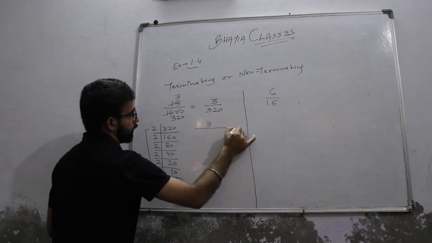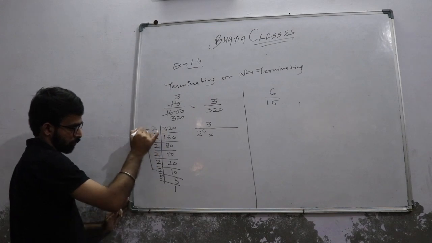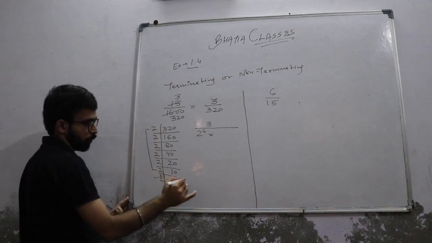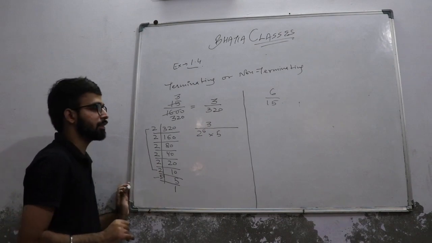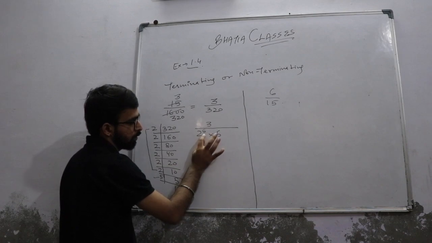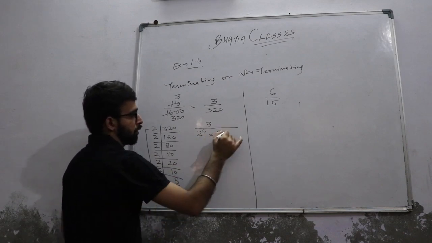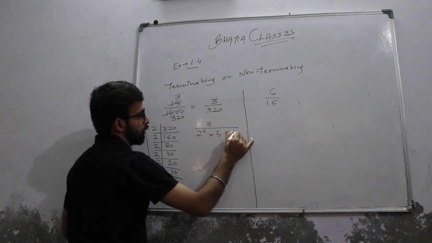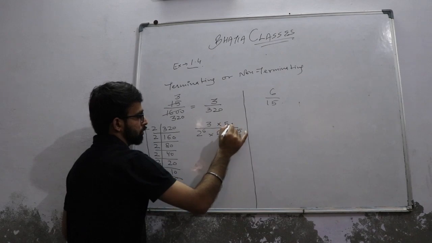So it is 3 divided by 2 raised to power 6 times 5. We have got 2 six times and 5 once. The main procedure is that you have to make equal numbers of 2s and 5s. 2 is six times and 5 is only one time. So multiply 5 raised to power 5 in the numerator and also in the denominator.